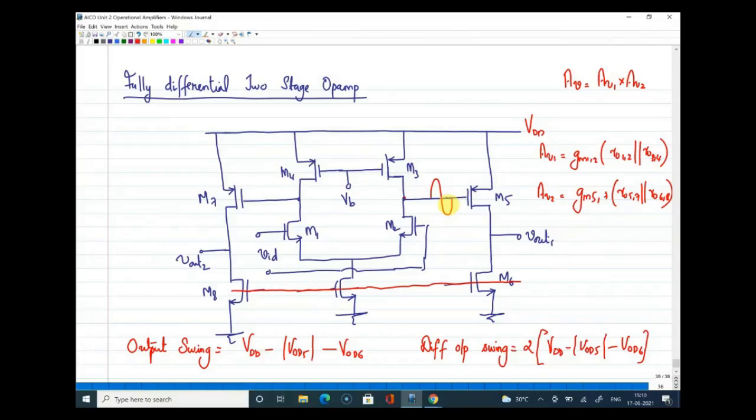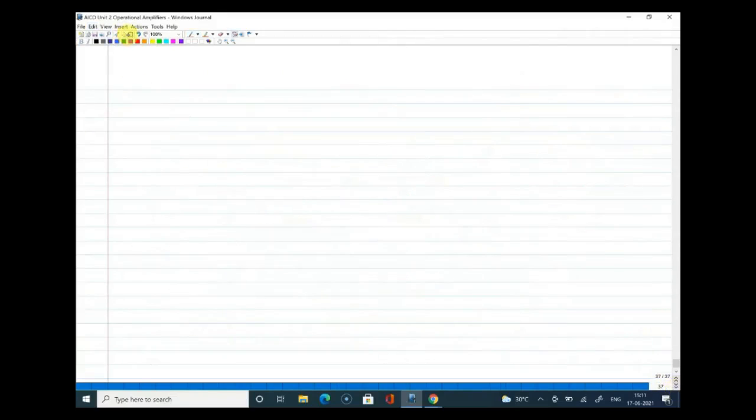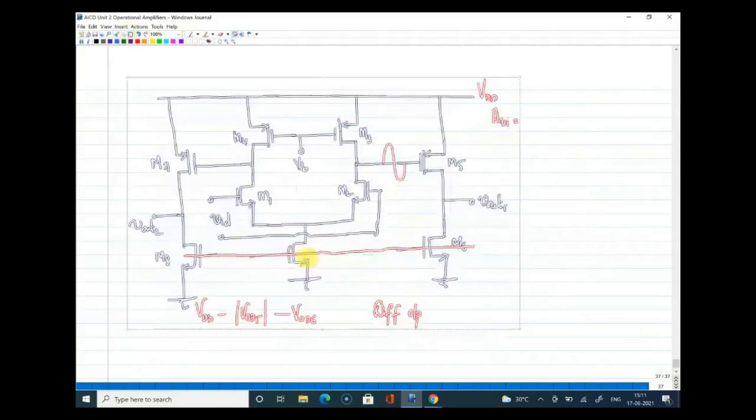Quickly moving on, if I ask you to draw the single-ended version of this, I take this figure as it is and make small changes in the circuit.